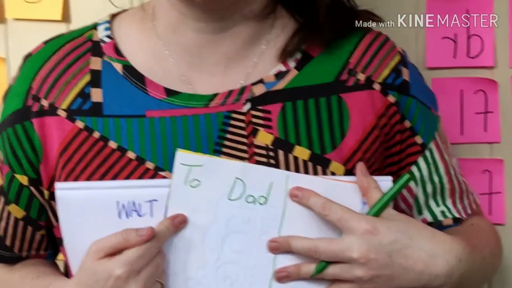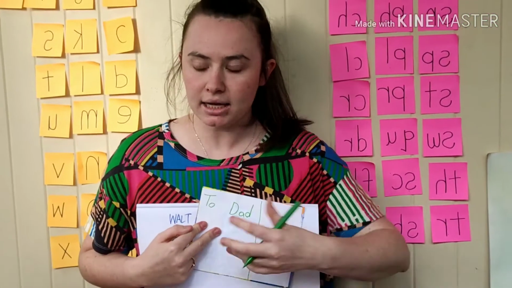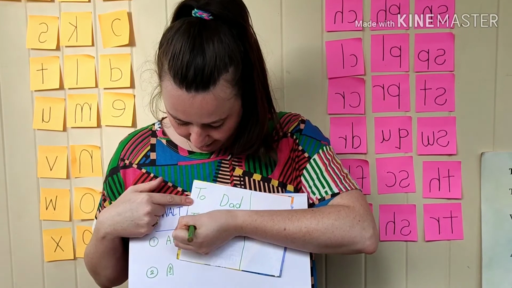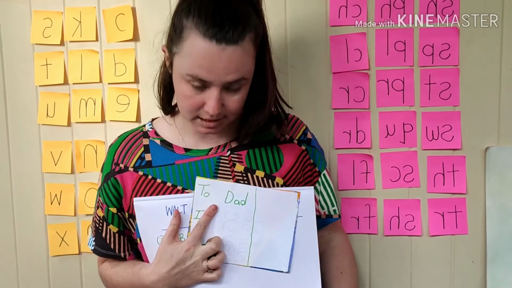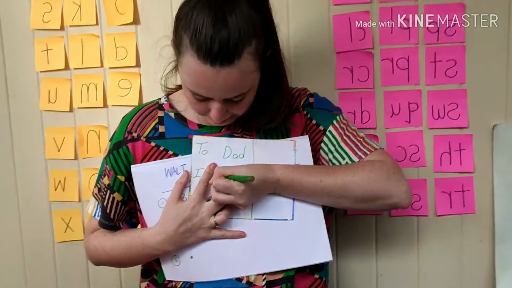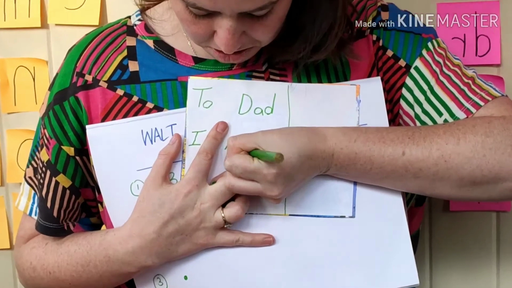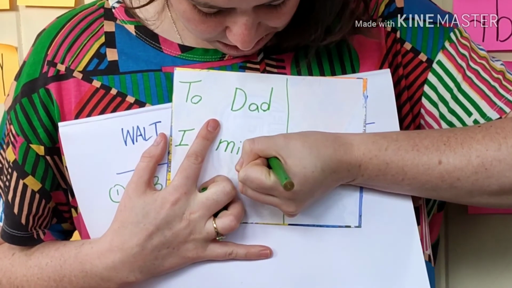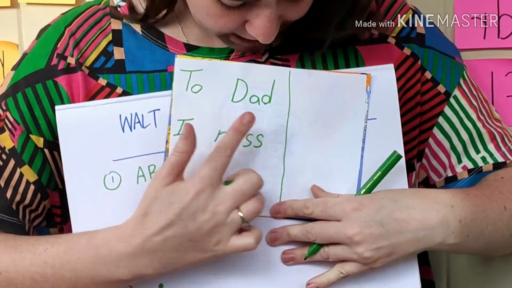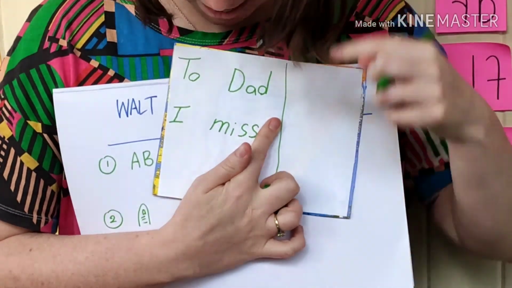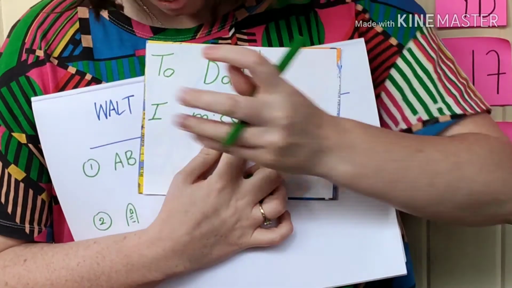And I want to write I. And that's on my butterfly card too. I, finger space, miss. S. I miss. Oh, I'm using my finger, but there's not quite enough space. I don't want to go over this line, so I'm going to write down here again.